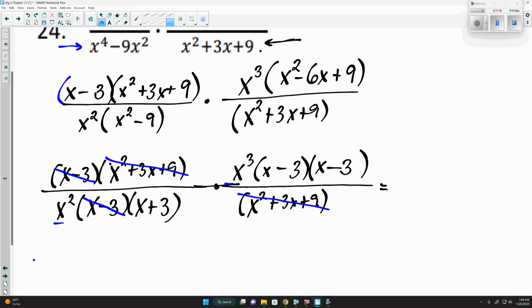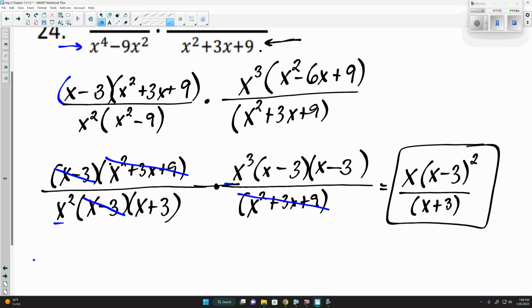Basically subtract the exponent, so 3 minus 2 is 1, and it'd be on top. And then we have x minus 3 squared. We could rewrite it as x minus 3 times x minus 3, over x plus 3. In the previous one, we did have a few more things cancel out, work out a little nicer, but there you have it.